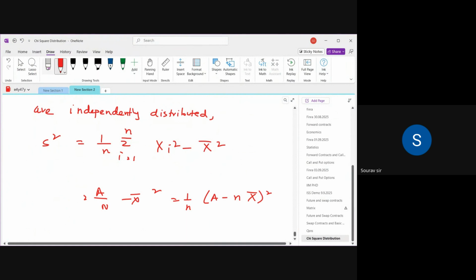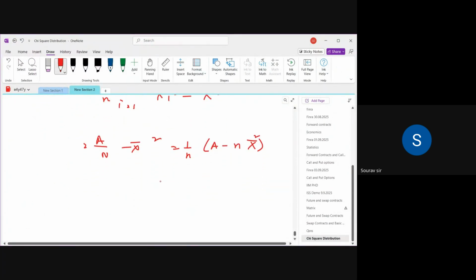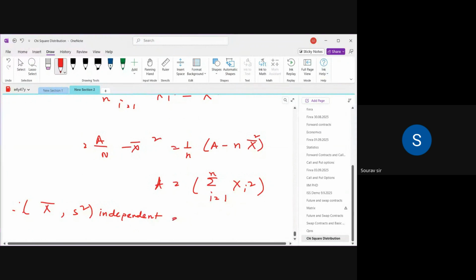So A is the summation i from 1 to n of xi square, and x bar and S square are independent. So that means x bar and A minus n x bar square are independent.